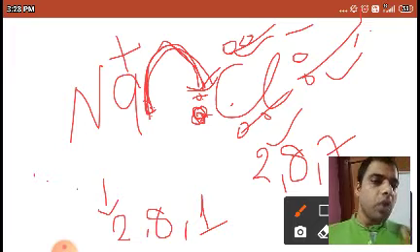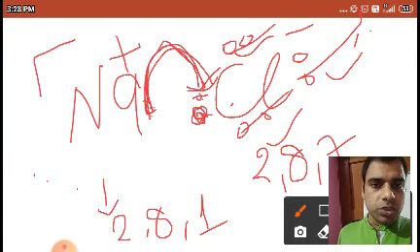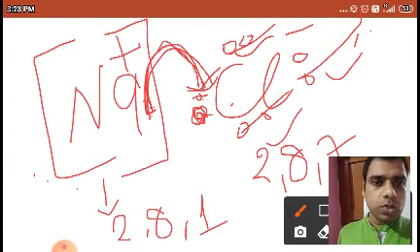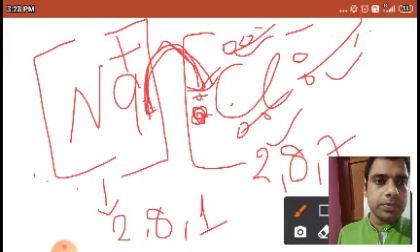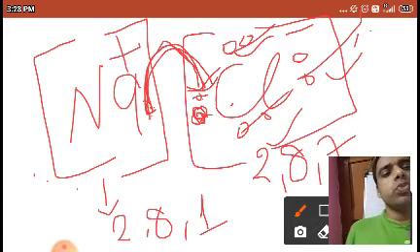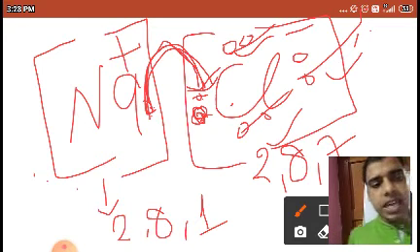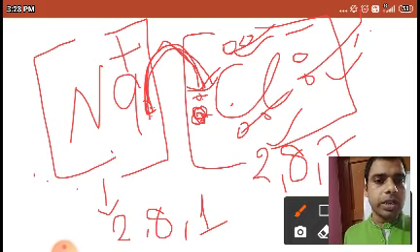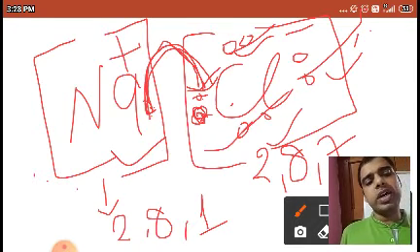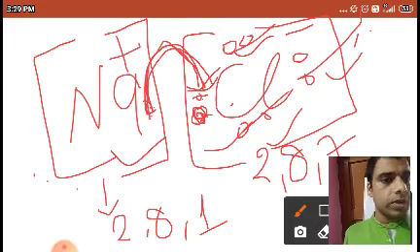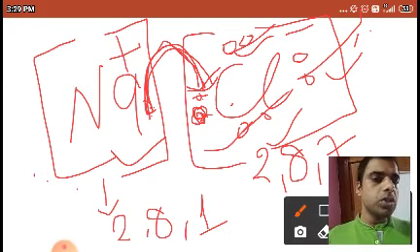And at last you can put it into a square bracket. This is the way by which we can show reactions between metals and non-metals. Once you finish the transferring of electron, then you can put this into the square bracket. Okay? So this is the thing you should know.